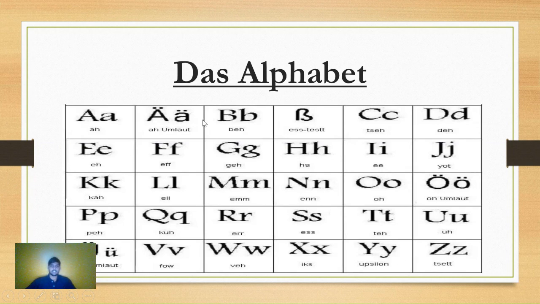So these 30 letters are the alphabet of German.